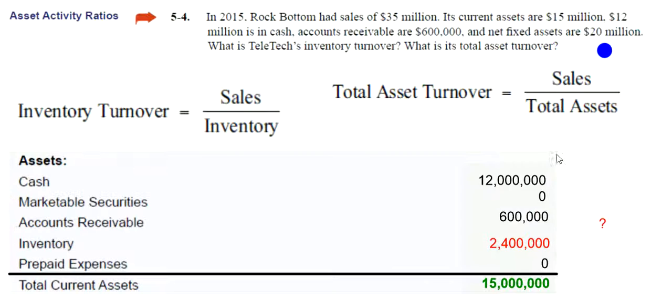So for a total, we're adding our current 15 million plus 20 million to get 35 million. So we have 35 million in sales and 35 million in total assets. And it doesn't take a calculator to figure out that if the numerator equals the denominator, your ratio is 1. How about that?